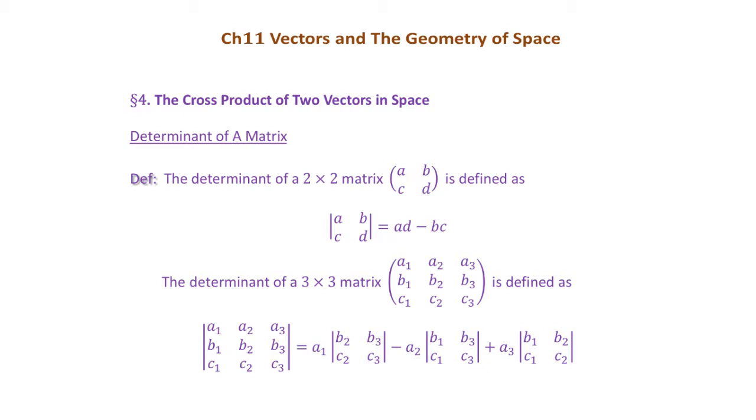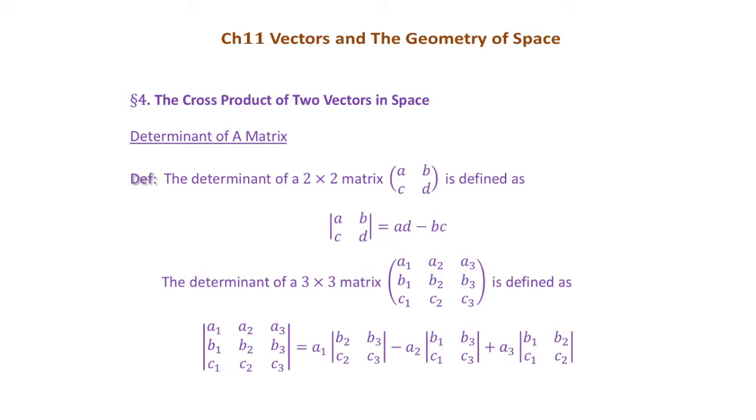And then you define the determinant of a matrix for square matrices. Okay, you talk about the determinant of square matrices. That means you have the same number of rows and columns in the matrix, and we have to define the determinant of matrices from the very basic 2 by 2 matrix.